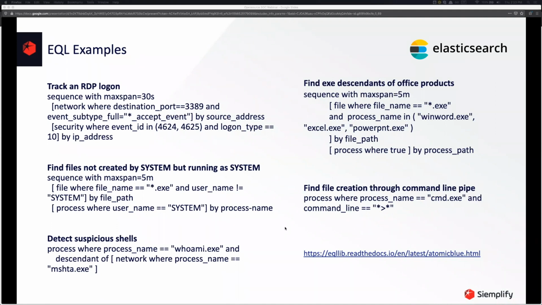Looking for files that were created but are not owned by the same owner, detecting suspicious shells. You can see not only the query syntax of the language itself here, but also the capabilities it provides in looking between time spans, joins, and all of its other capabilities. I provided a link at the bottom for those that wish to check out a library of additional detections that have been made available on the platform.